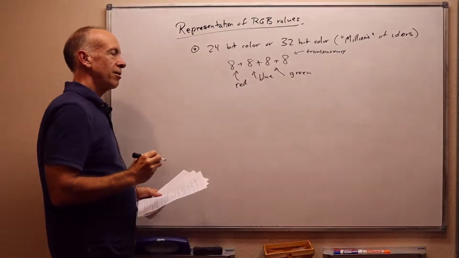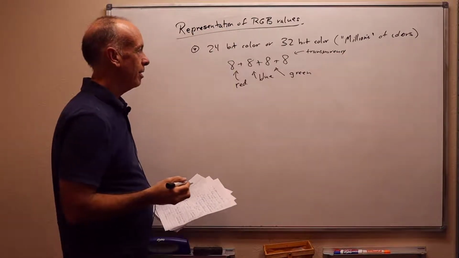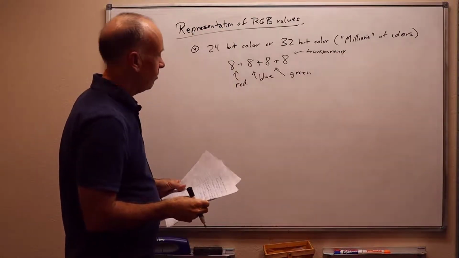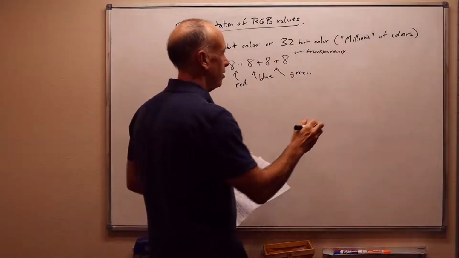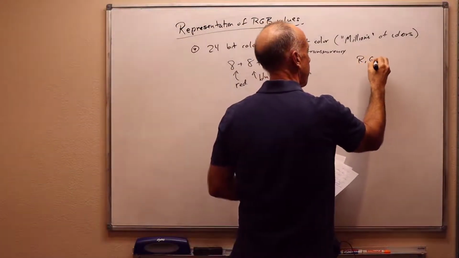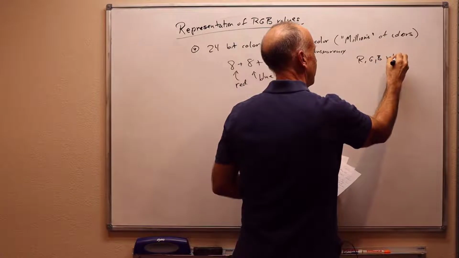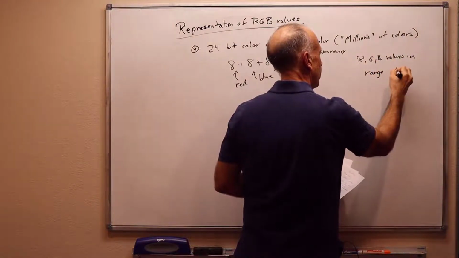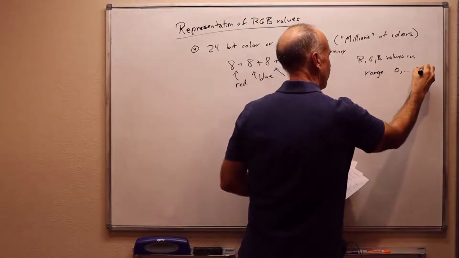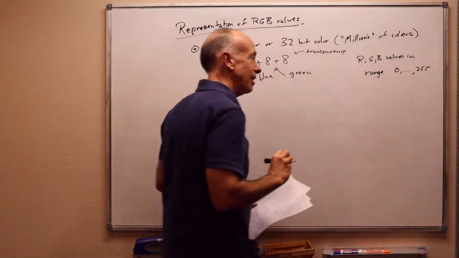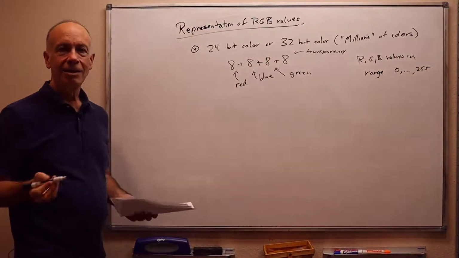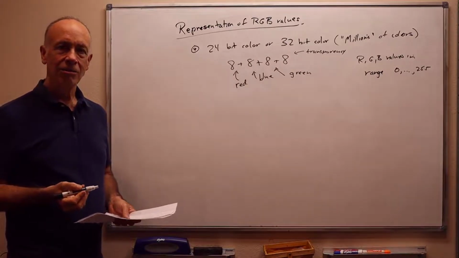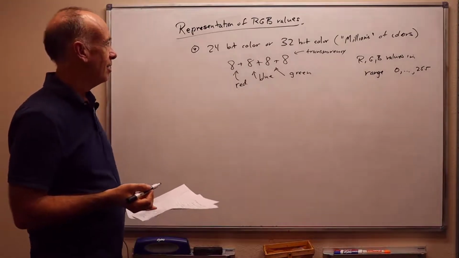Together this would make either 24 or 32 bits. In other words, the RGB values are integers in the range 0 to 255. And by dividing by 255, we get numbers in the range 0 to 1, which is how we've usually been representing these values.